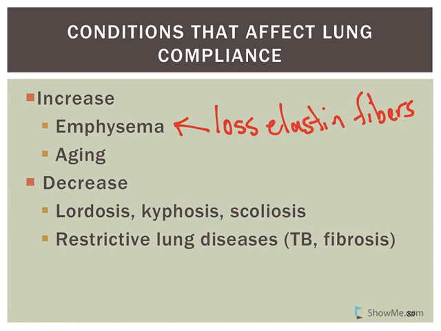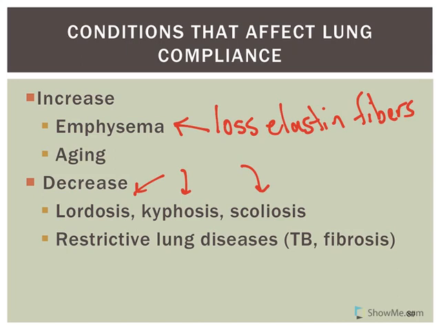Things that could cause decreased lung compliance are musculoskeletal disorders like lordosis, kyphosis and scoliosis. With lordosis, you have an exaggerated curve in your lumbar spine. With kyphosis, you have an exaggerated curve up in your thoracic area.